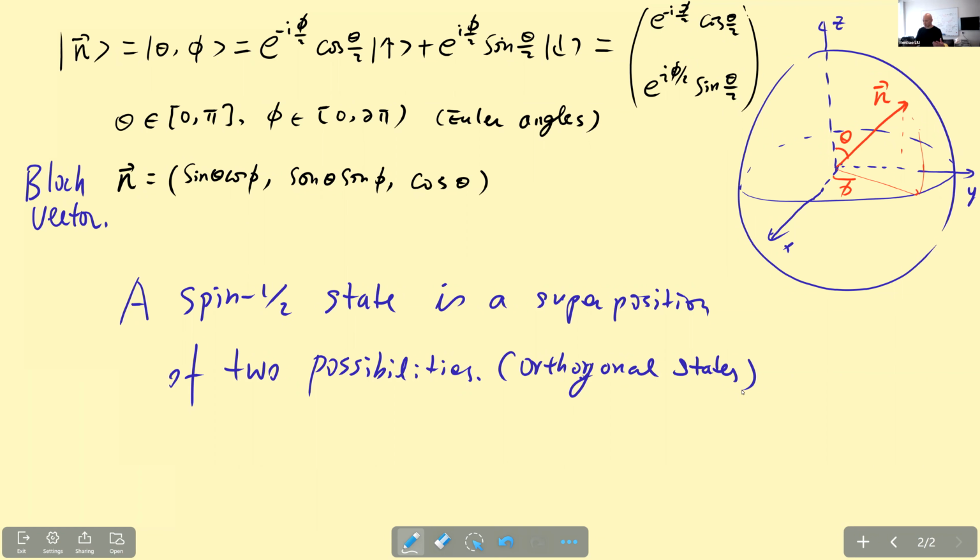So these are the states. Correspondingly, you have a 2D Hilbert space.